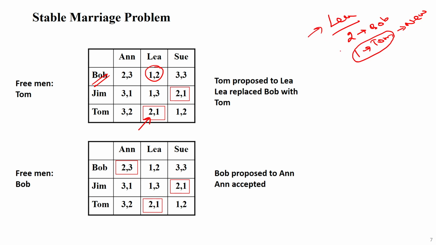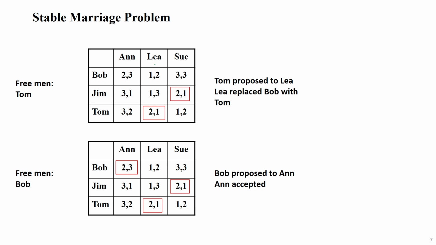Then what will she do? She compares both. After comparing, the newly incoming proposal is better than the existing one. So she is rejecting Bob's proposal, the existing proposal, and accepting Tom's proposal. So you see, Leah is replacing Bob's proposal with Tom. Tom's proposal is accepted and Bob's proposal is rejected.